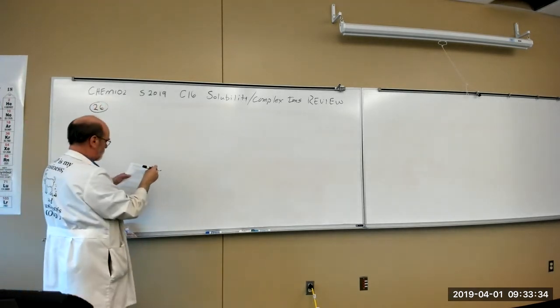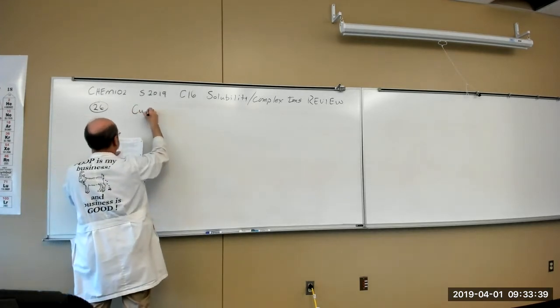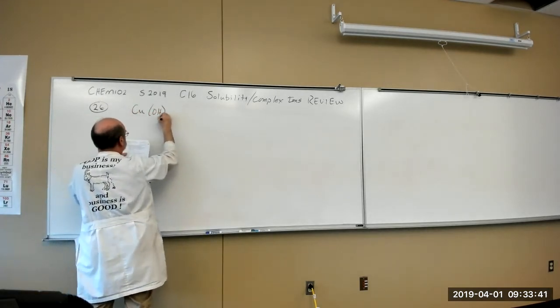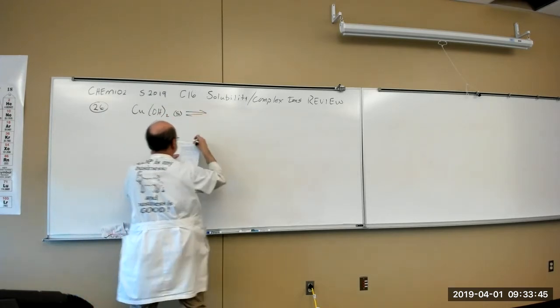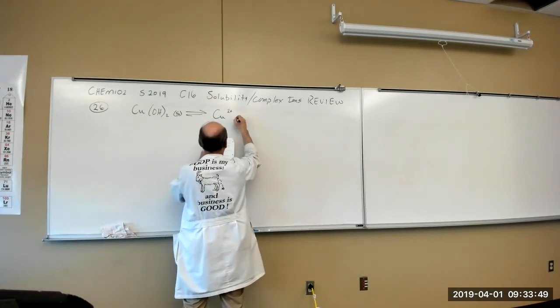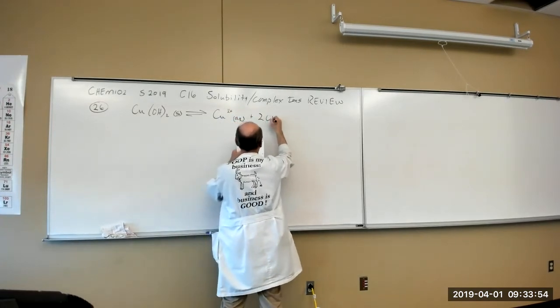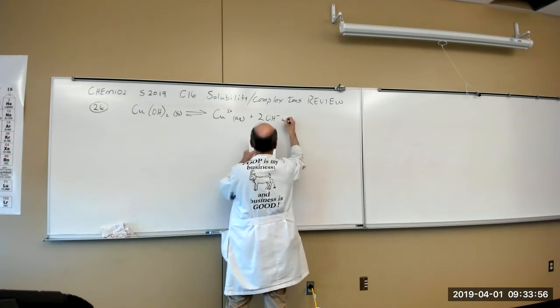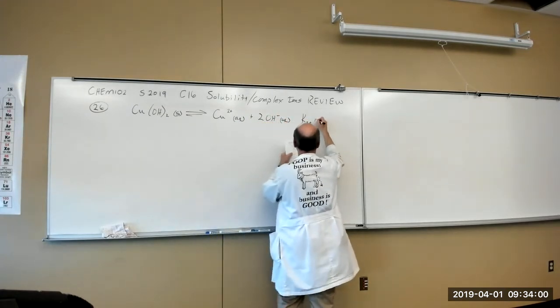So we have copper hydroxide and a solubility product for copper hydroxide. And then we have an equilibrium constant for the copper ammonia complex.